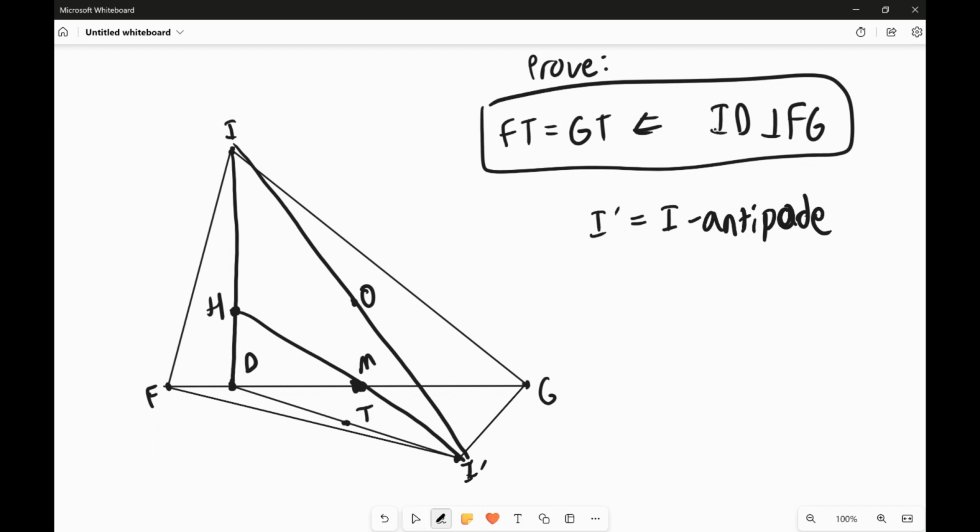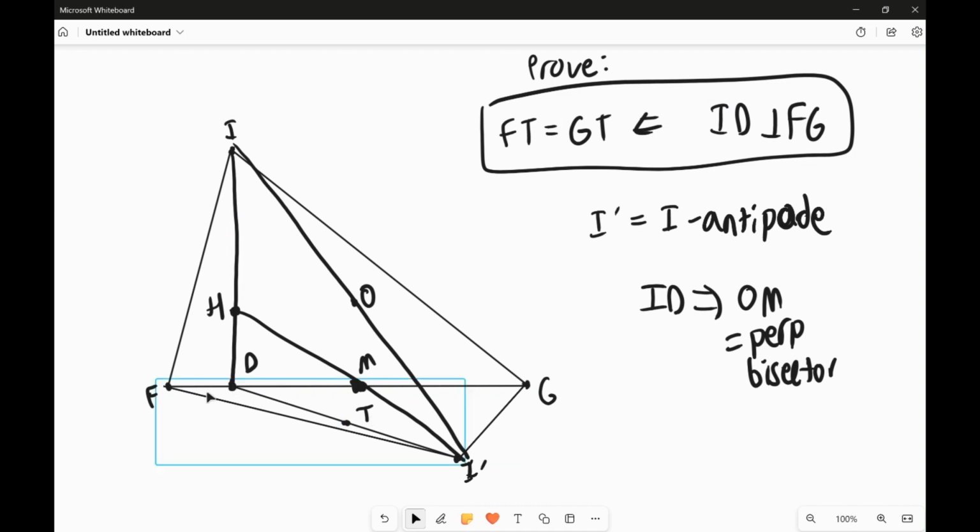So hence, under homothety of scale 1/2 centered at I prime, the line IH, or ID for that matter, gets mapped to OM, which is the perpendicular bisector, by definition of O. And in particular, the point D also gets mapped to the perpendicular bisector, so the midpoint of DI prime must lie on the perpendicular bisector.